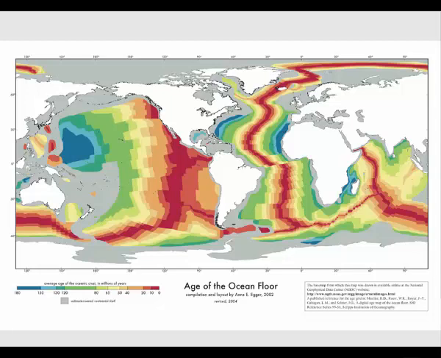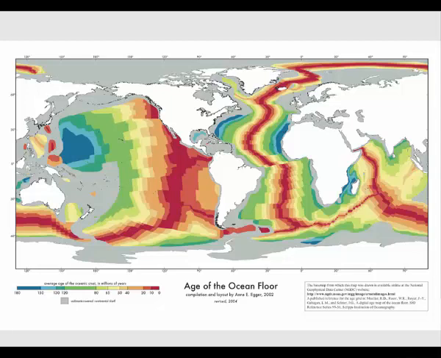So the oldest rocks that we can find in the ocean are shown on this image in dark blue, and these rocks are about 180 million years old, which might seem old to you, but if we remember that the Earth is more like 4.6 billion years old, and we know that a lot of rocks on the continents are over 3 billion and 4 billion years old, then 180 million years is relatively young.